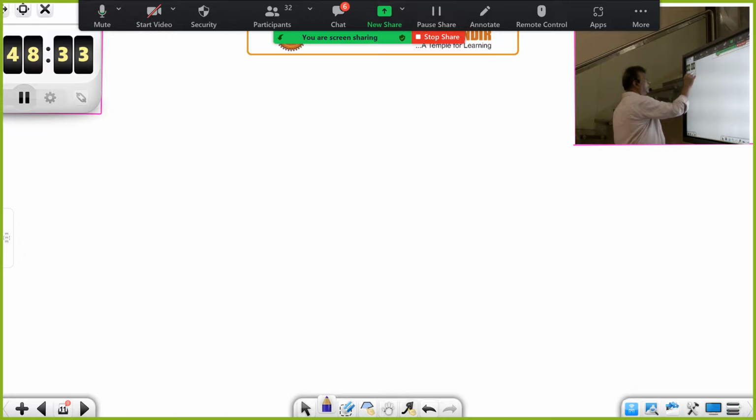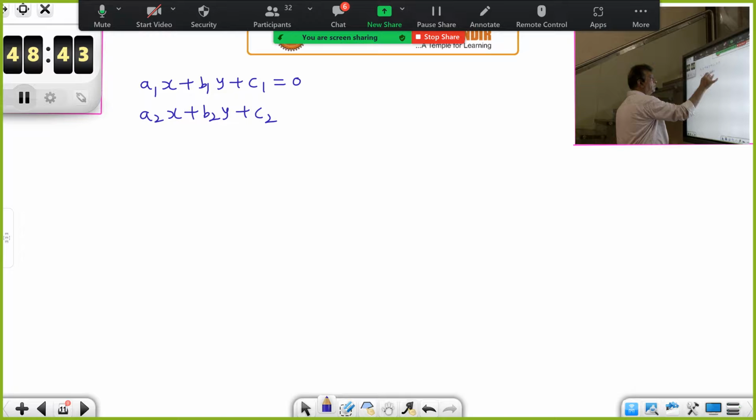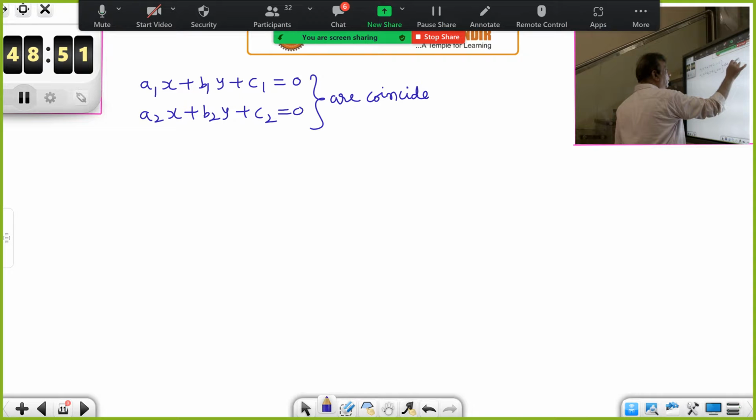And now one more thing. A1x plus B1y plus C1 is equal to 0, A2x plus B2y plus C2 is equal to 0 are coincident lines. I will explain. Coincident lines means what?